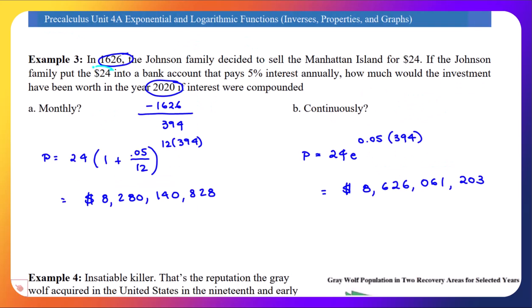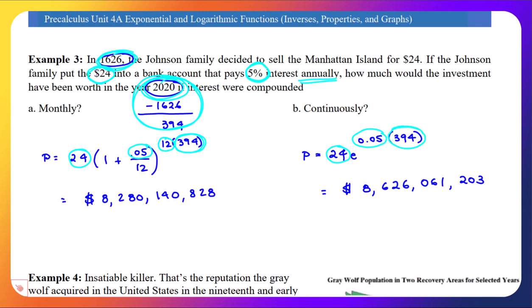Here, back in the day, something was worth $24. It goes up in value 5% each year, so the rate is 0.05. And if we go from 1626 to 2020, do the subtraction, that means we're going to go 394 years. Monthly, times 12.